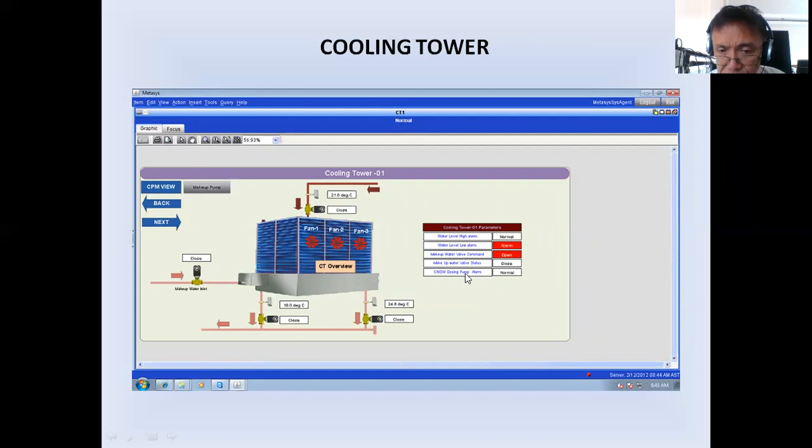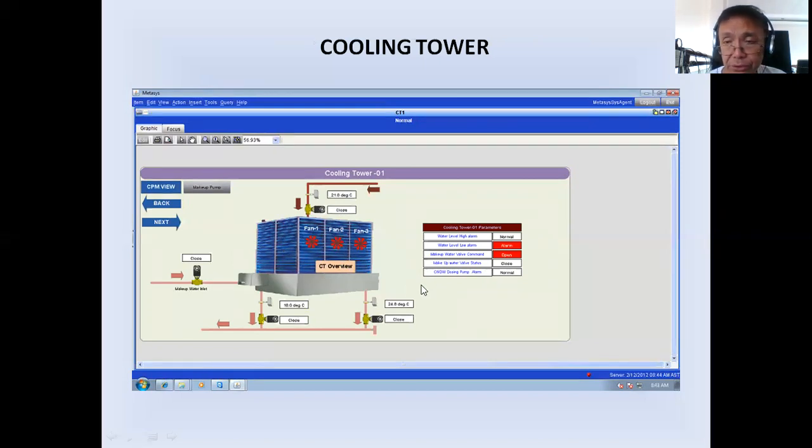It's showing also the dosing pump alarm, because as you know, this condenser water should be properly cleaned and treated. Because as you know, this cooling tower is in the open area. Some dirt or debris can enter the cooling tower.